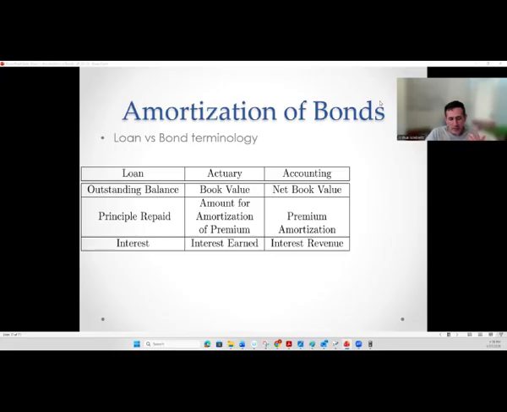You want to treat things that behave like a bond as a loan, and you want to know loan information, interest owed, outstanding balance, etc.